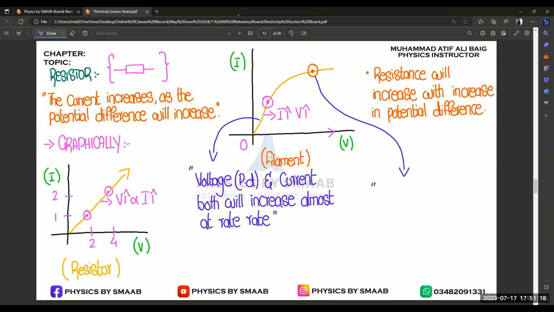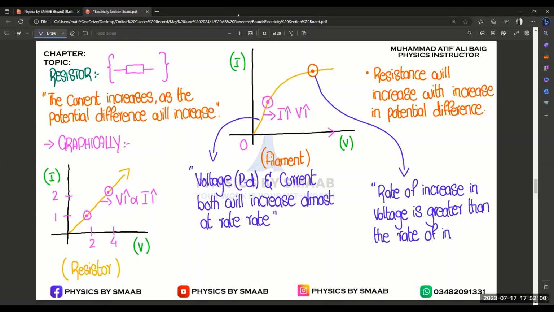So we can say that now at this point, the rate of increase of voltage is greater than the rate of increase of electric current. Any confusion?